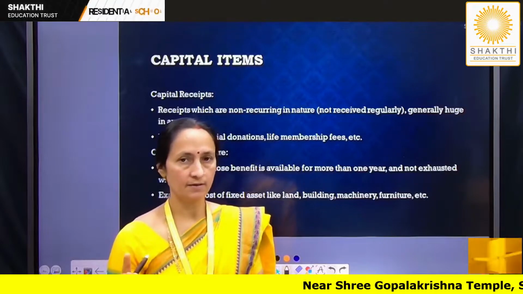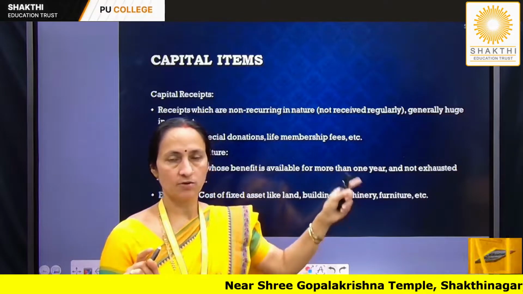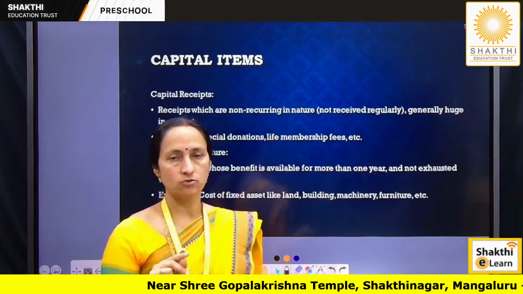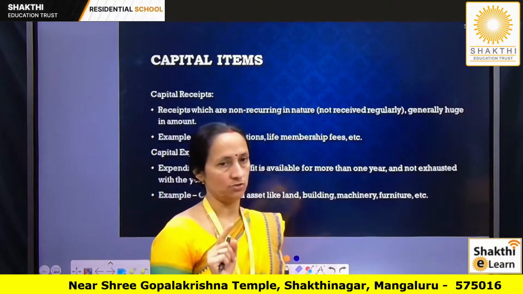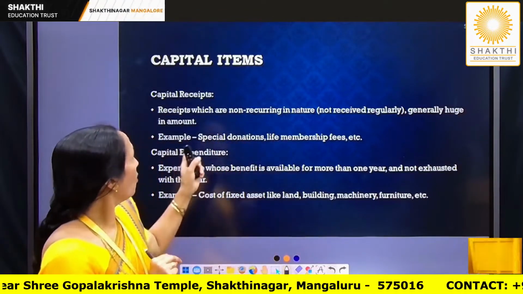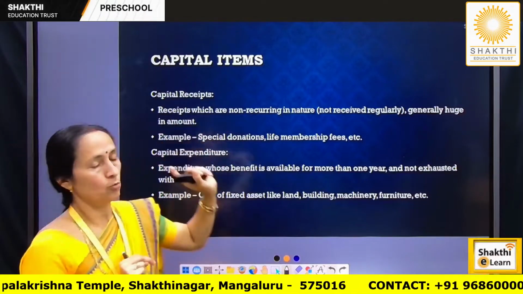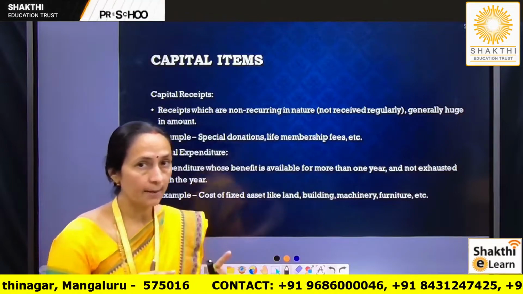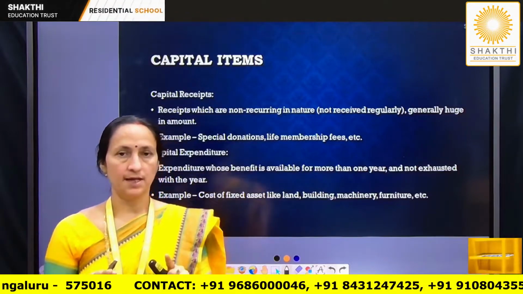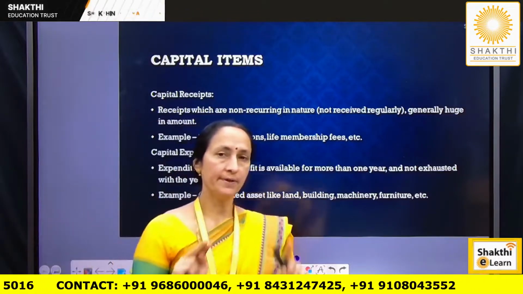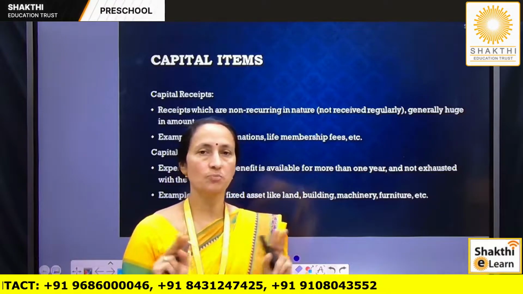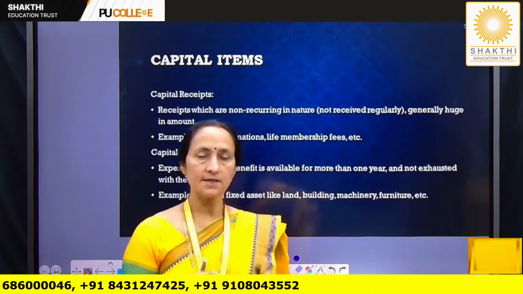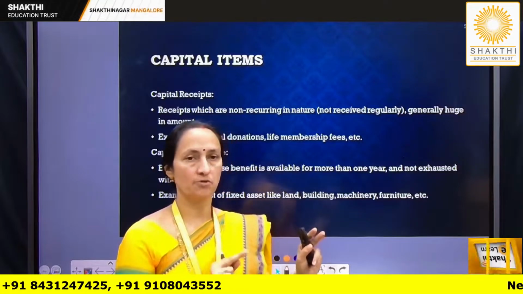One 12 mark question, preparation of income and expenditure account and balance sheet, and one 2 mark question and one 1 mark question. So now, what are the items? Capital items and revenue items. You should know what are capital items and what are revenue items. It is very easy to remember. Capital items are those which are there in your balance sheet. Revenue items are those which are there in your last year's trading and profit and loss account.